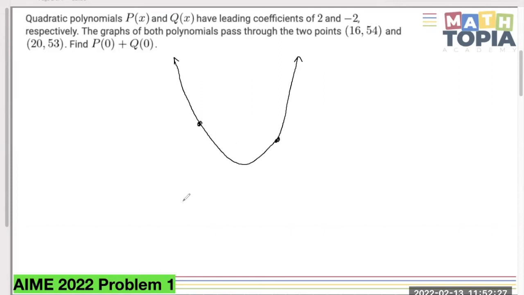And then the other parabola Q of x will be the same thing, but facing the other way. So it'll look something like this, right? And these are our points, (16, 54) and (20, 53).